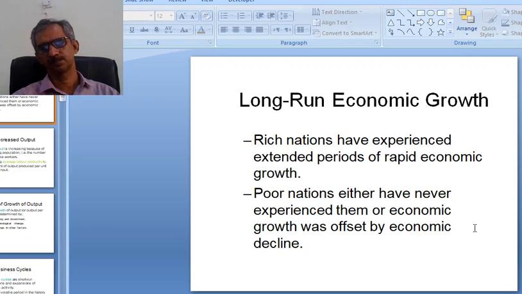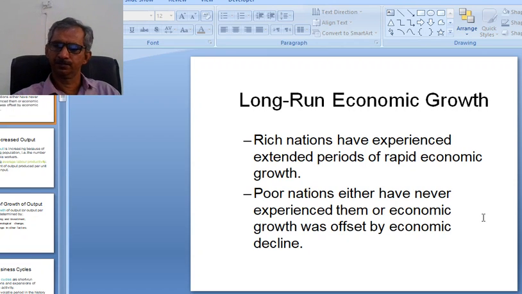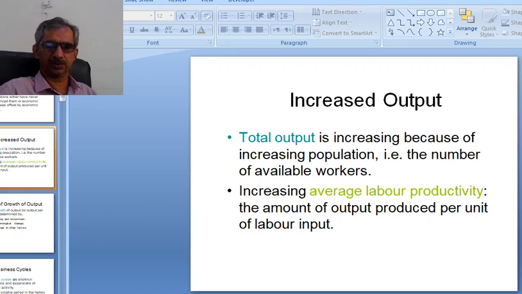But the poor nations either have never experienced such growth, or economic growth was offset by economic decline, because they are suffering serious issues.